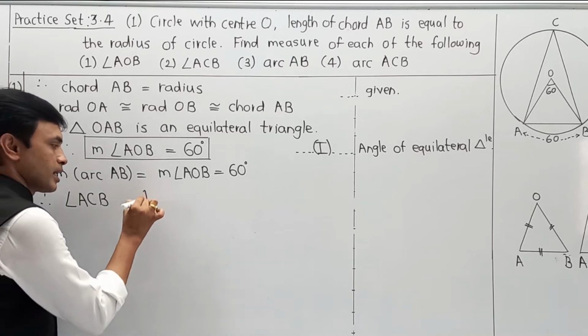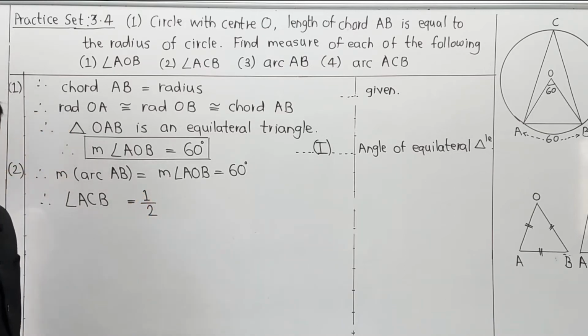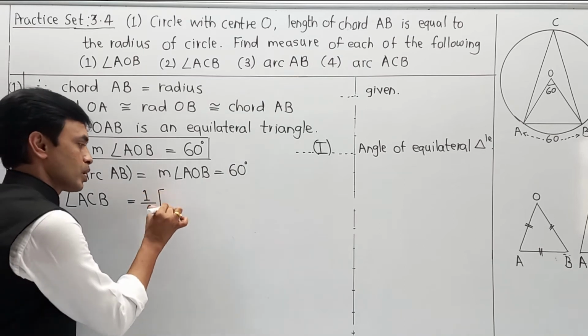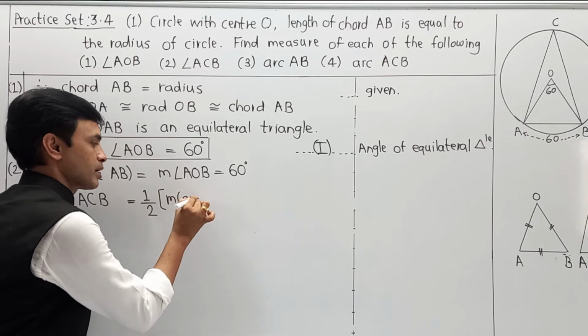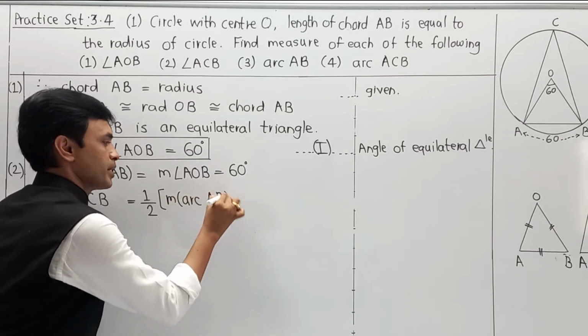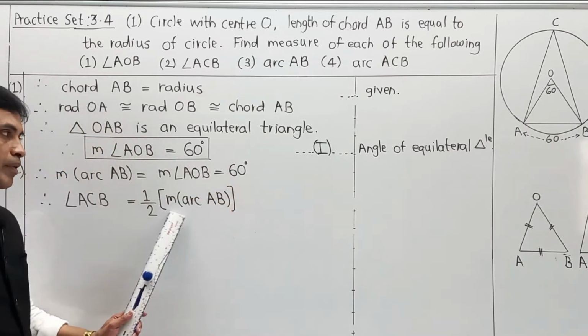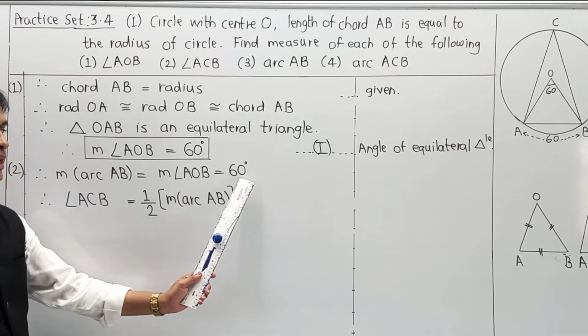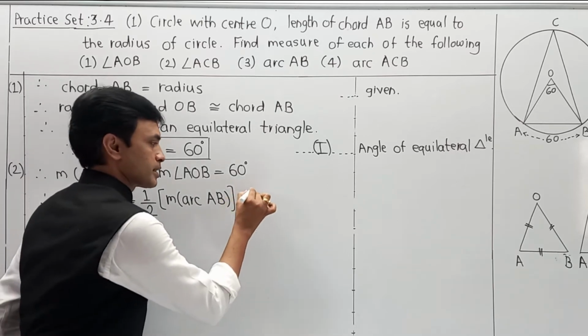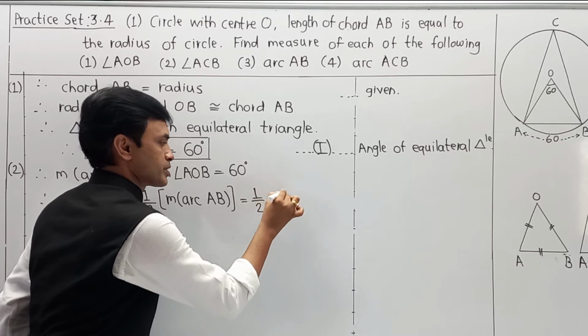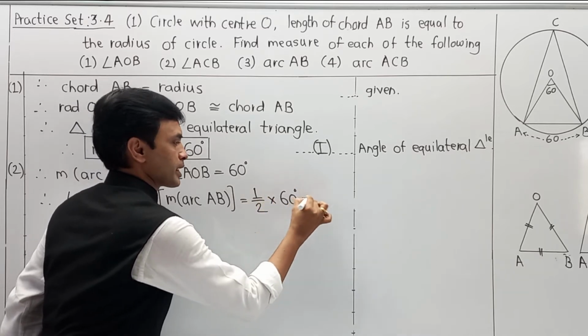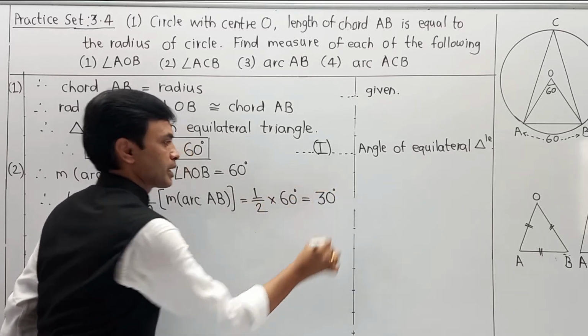It is half of the intercepted arc, and the intercepted arc is arc AB. So half of arc AB, whose value is 60, is half of 60 degrees, and half of 60 means 30 degrees.